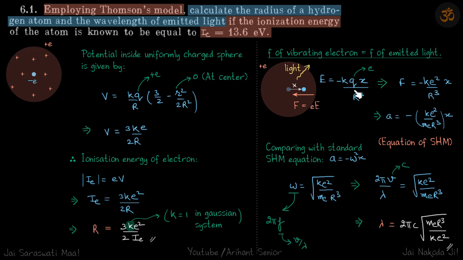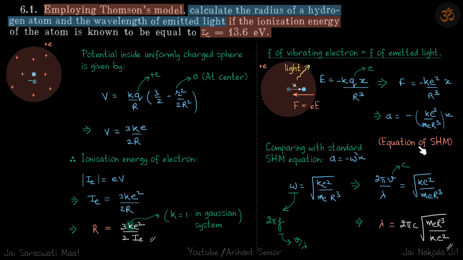Here Q is again the charge of this whole sphere, which is plus e. So when we displace this electron by the distance x, the force on that electron will be eE, that will be this much. If we write F as ma, this becomes this.